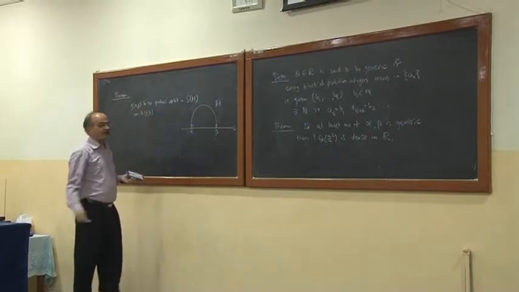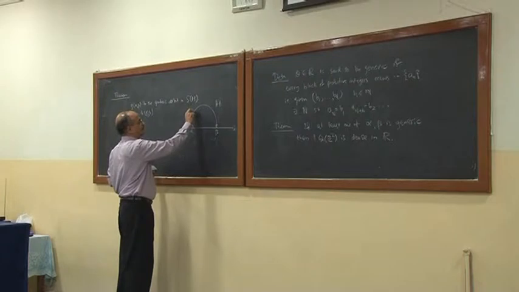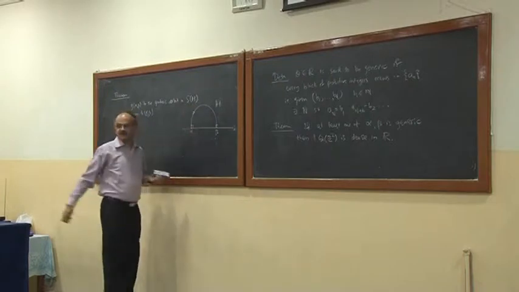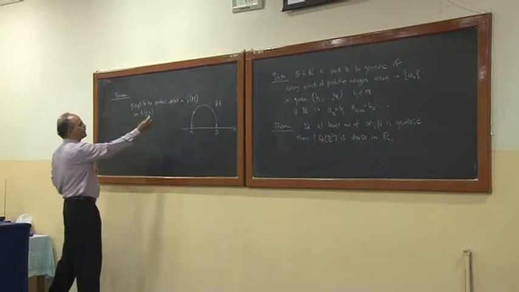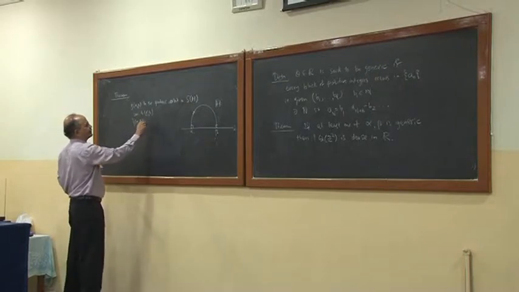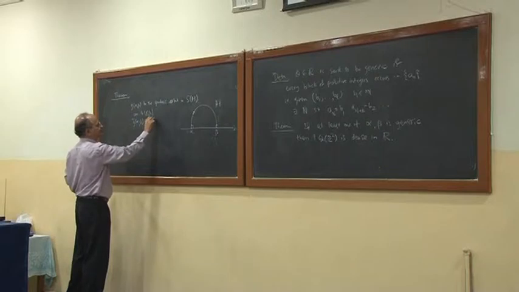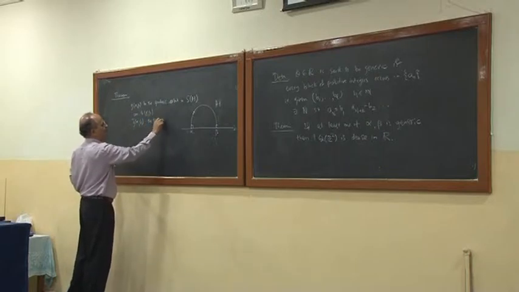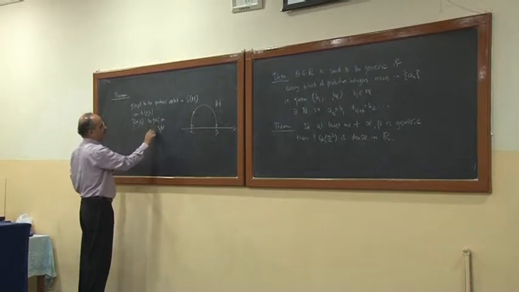By this I mean, along with the path, you always associate the unit tangent direction. And G bar alpha beta is the projection to the modular surface, H modulo the group, essentially.